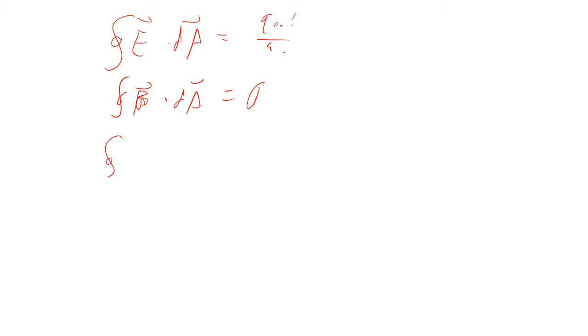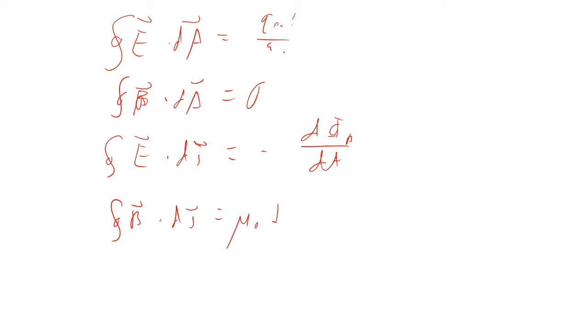Integral of E dot ds is going to be the induced EMF, which is the rate of change of magnetic flux. And integral B dot ds equals mu naught I plus mu naught epsilon naught times the rate of change of electric flux.